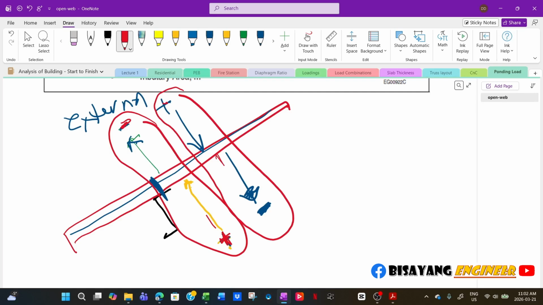You don't separate these two if it is a composite action, unlike in our framing back home in the Philippines. So this is common, like this is a truss, right? You have your roof here, but you also have a ceiling.